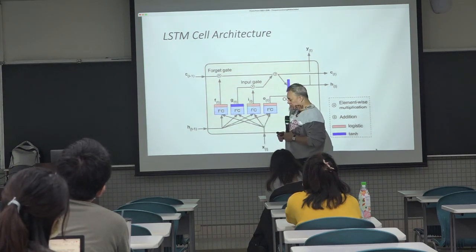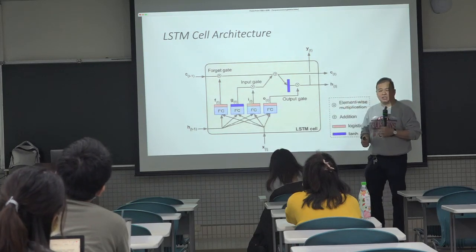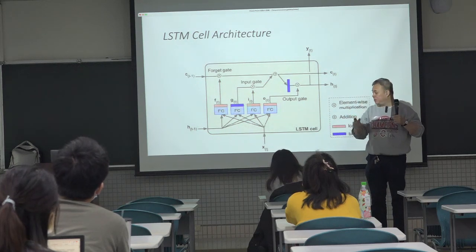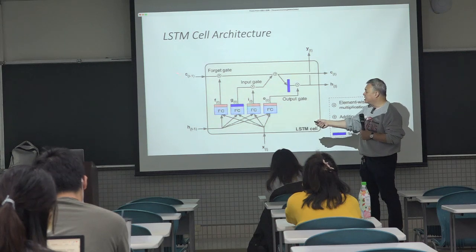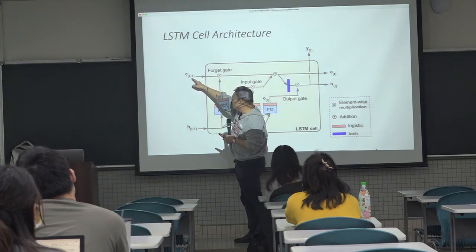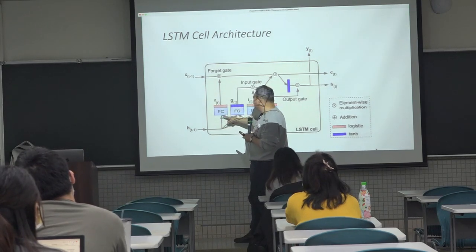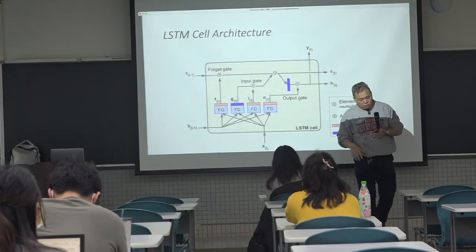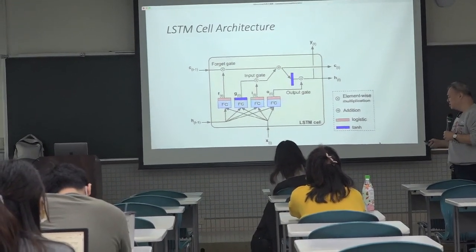We call such a thing a peephole, because we are sort of looking ahead. But you get the idea. So basically, in addition to this, now C(t-1) also has a link going to this gate to control what to forget, what to keep, things like that.